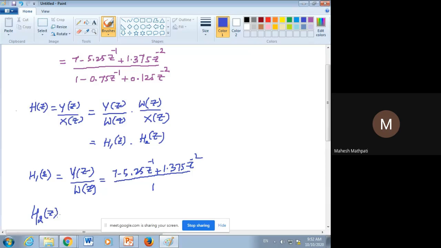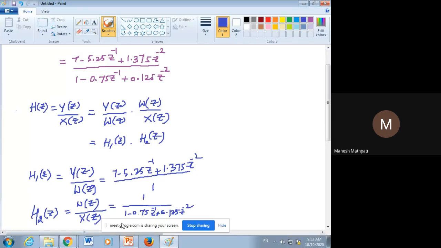H2 of z equals W of z divided by X of z, which equals what can I write? Can I write it as 1 divided by 1 minus 0.75 z inverse plus 0.125 z power minus 2. Are you getting this point? We can write it like this.